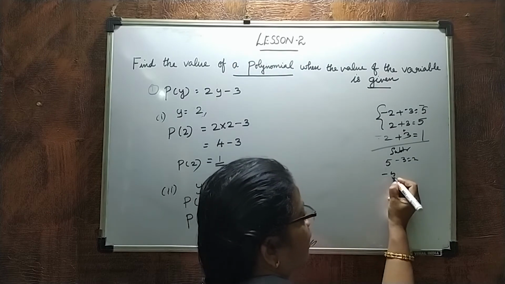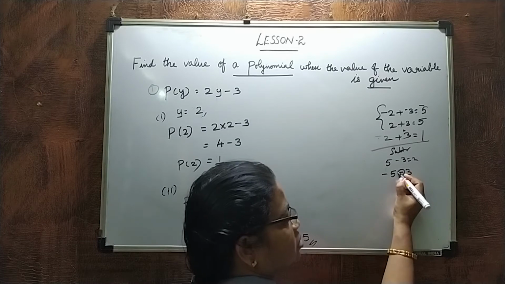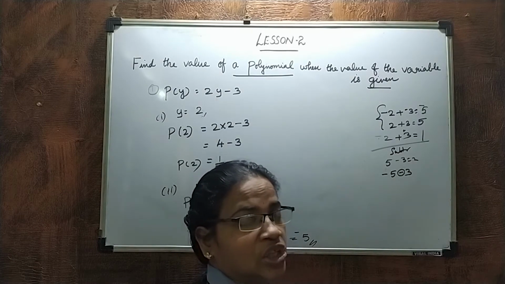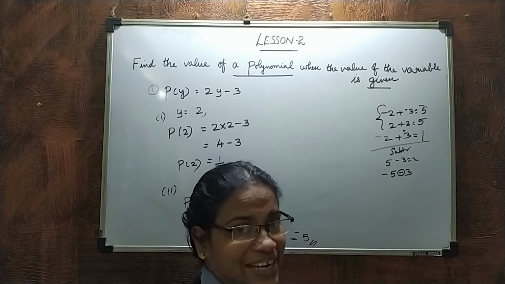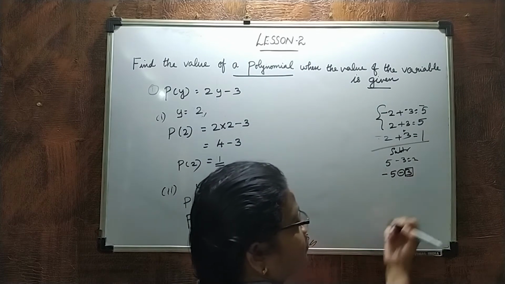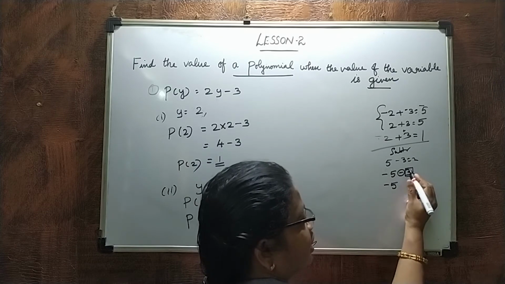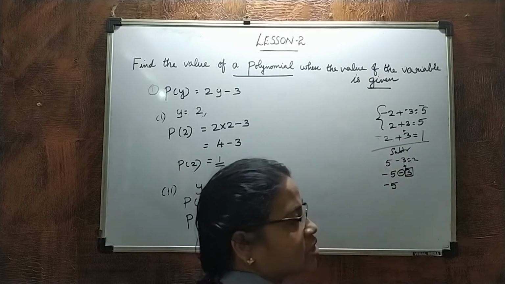Suppose here it is negative 5 minus 3. Now what you should do is, subtraction comes here, that means you have to find out the rule. The rule is: find the additive inverse of the second and add. This is the second. So negative 5, and the additive inverse of the second, 3, which is positive, no other sign is there, means it is positive.